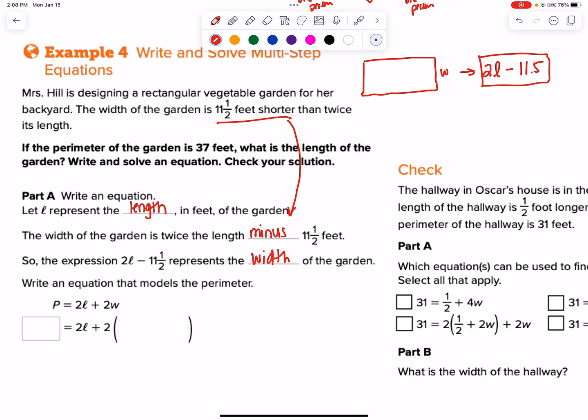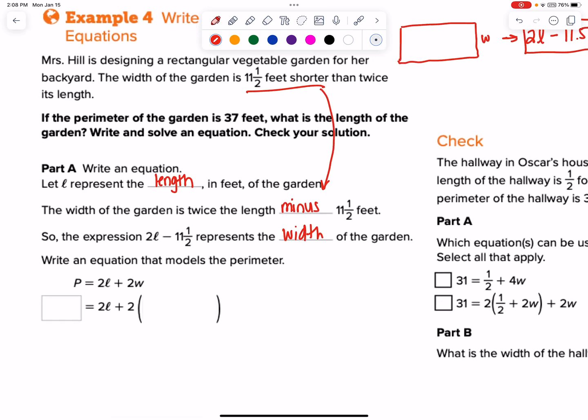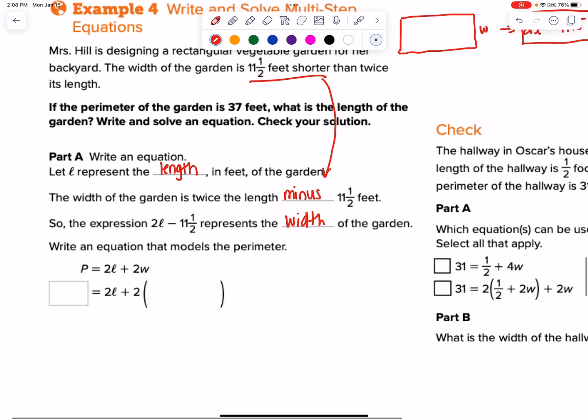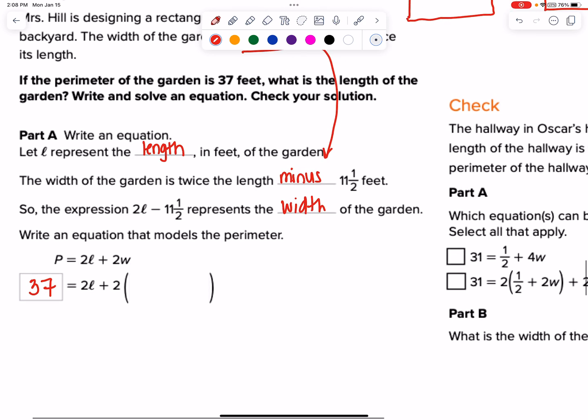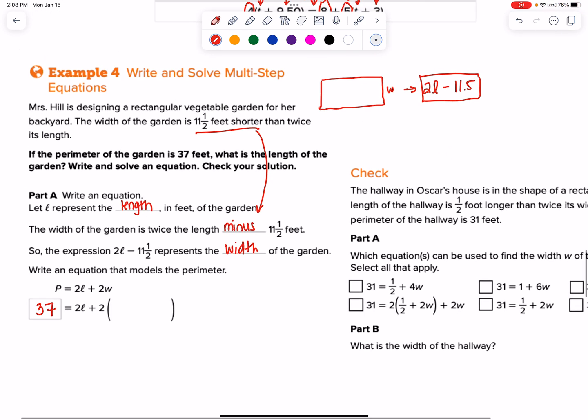So write an equation that models the perimeter. We know perimeter is 2 of the length and 2 of the width, and we know the whole perimeter equals 37 feet. So we're putting the whole perimeter in there. And so we have two of the lengths, so here's length and length.